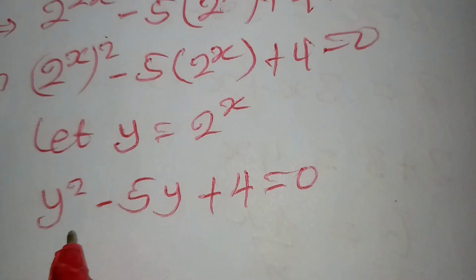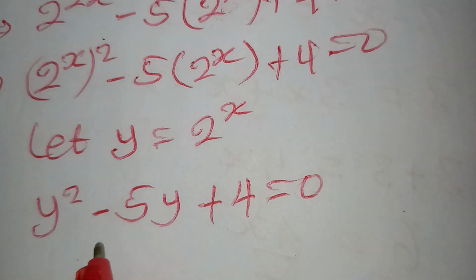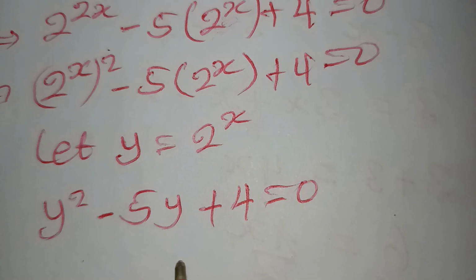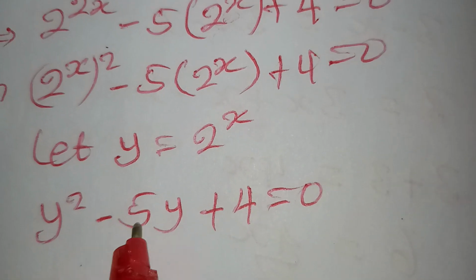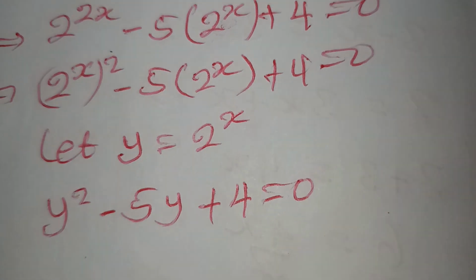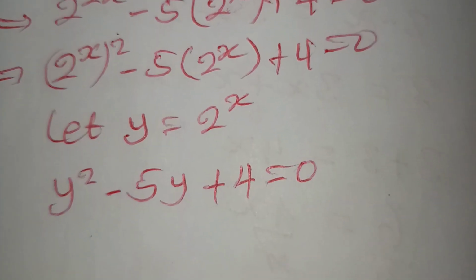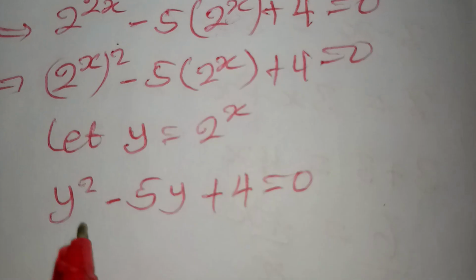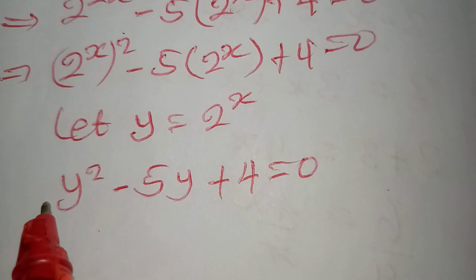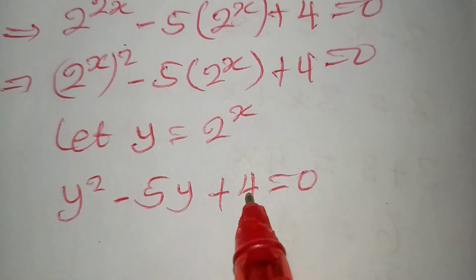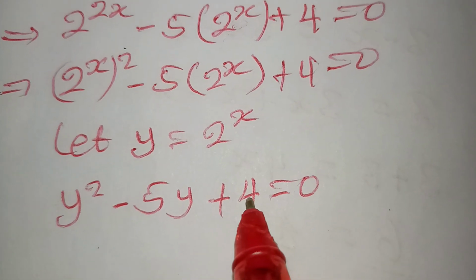This is a typical quadratic equation, so our focus is to determine the zeros. We have to look for two factors. The coefficient of y squared here is 1, so if you multiply it by the constant 4, we get 4.